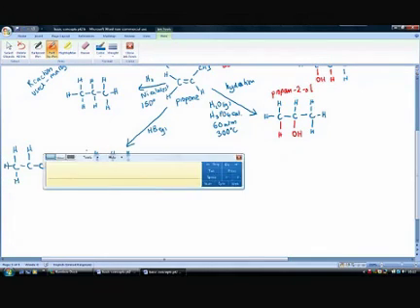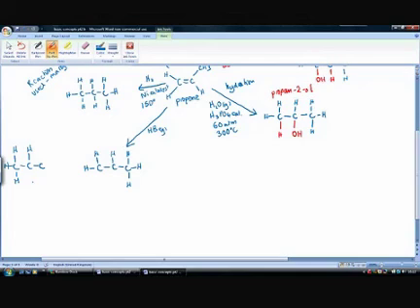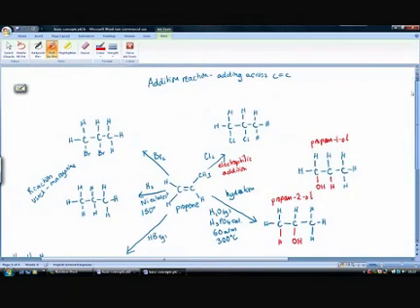Now the Br could add on to the first carbon or the second carbon, in this case the second carbon, or the first carbon like this one. So you end up with two products. You could end up with 2-bromopropane or 1-bromopropane. Now the important thing to remember with all this is that all the alkenes react in the same way. If the molecule's got a carbon-carbon double bond, these reactions will take place.